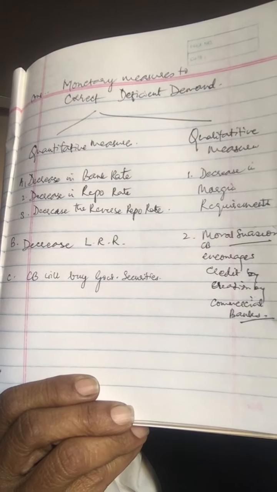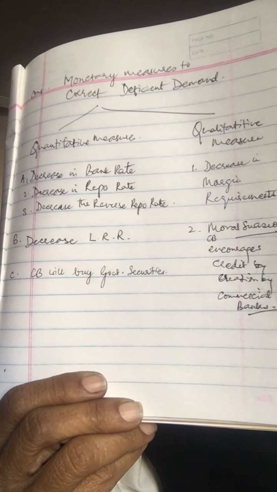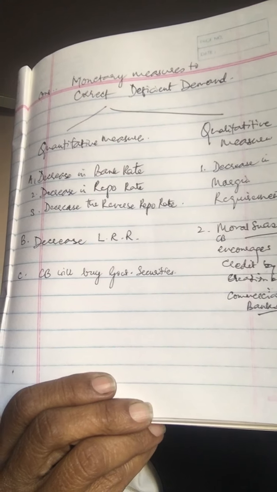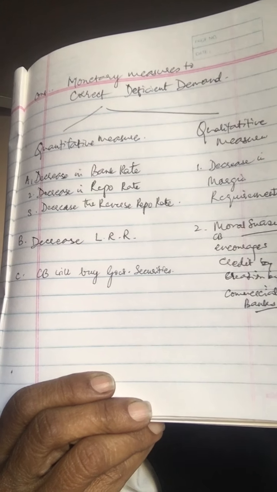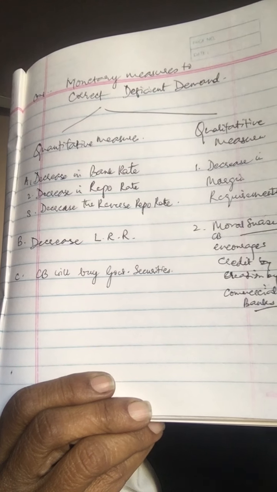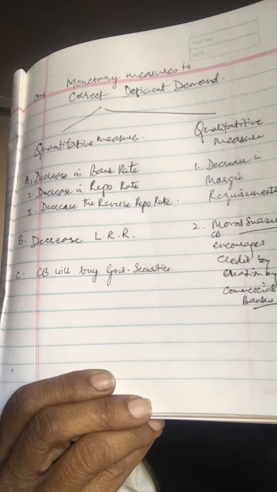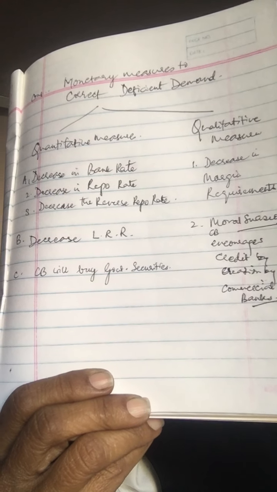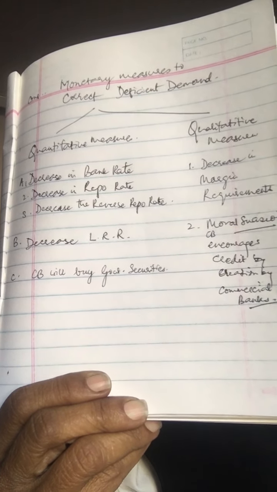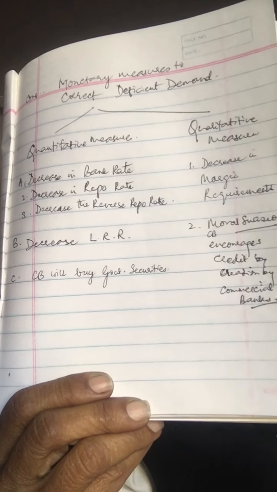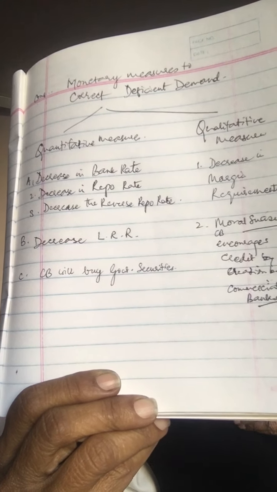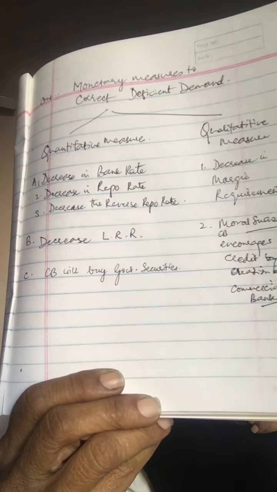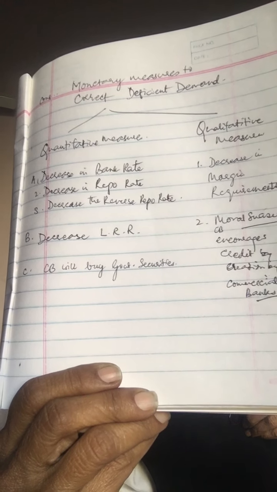Is that clear? So I'm talking about moral suasion. During deficient demand, the central bank requests or advises the commercial banks to encourage credit, that they should create credit, give credit, creation of money and all of that. And sometimes these qualitative methods are also known as selective methods of credit control.